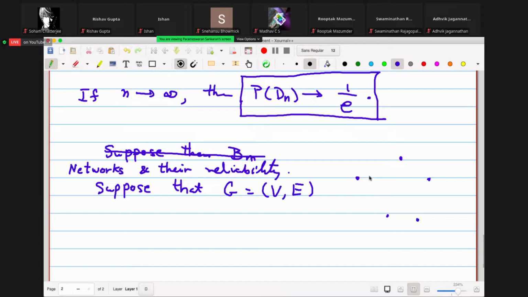Actually, you can allow multiple edges also. It doesn't really matter, but let us not allow looping edges. Something like this. And then you just have one more like this, and possibly another going directly here.